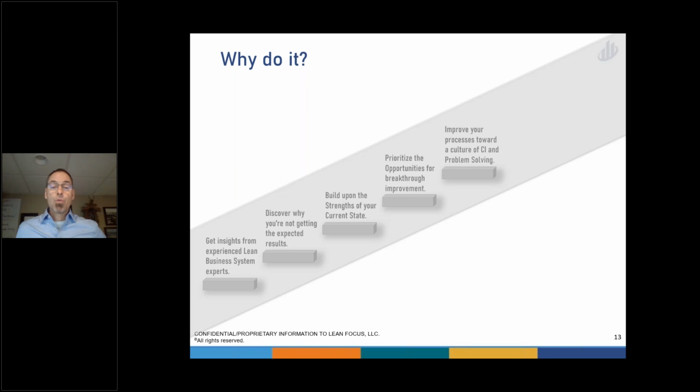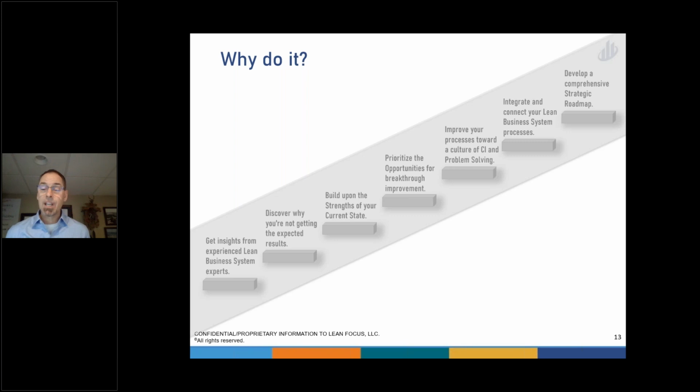Improving your process towards a culture of CI and problem solving, and by integrating and connecting the Lean Business System processes. A lot of the gaps that we see are that all of our efforts are in silos and not really connecting the different systems together. And we can recognize and identify when that's happening.